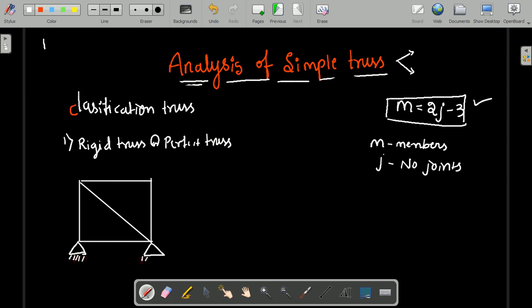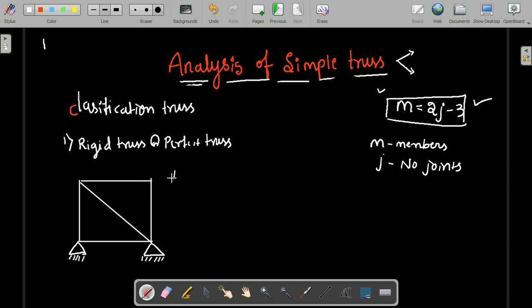So this is the simple truss. Now we need to decide whether this is a rigid truss or not. A rigid truss is one where the number of members is sufficient to resist the load and the deformation is very small. So how are we going to determine this? By using this equation.